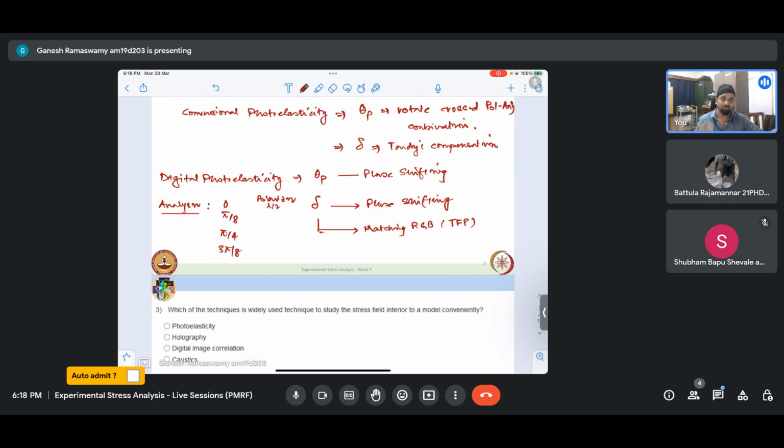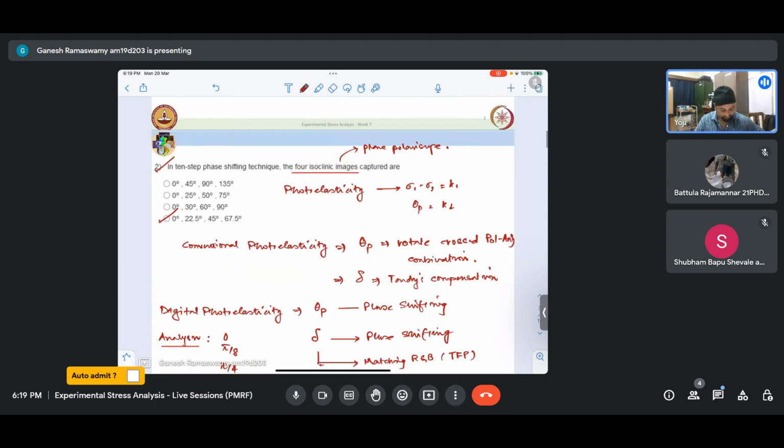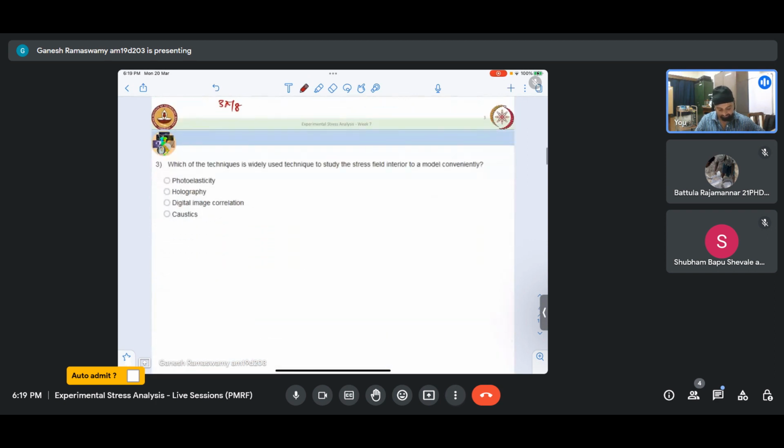If the analyzer is at 0, the polarizer will be at 90. When the analyzer is at 22.5, the polarizer will be 90 plus 22.5. It will go like that in a crossed combination. Okay, I hope that is clear. So that is the basic tenet of our phase shifting method.